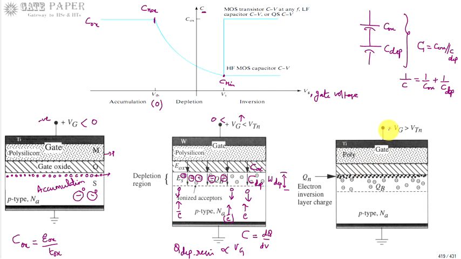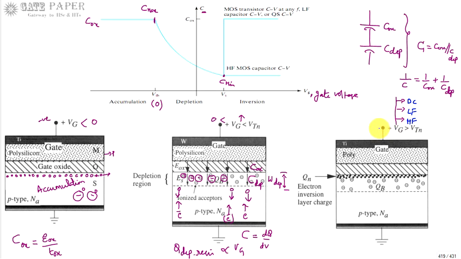Now the gate voltage which is greater than Vt may be an AC voltage or a DC voltage. So this Vg can be of three different types: a DC voltage, or a low frequency AC voltage, or a high frequency AC voltage.